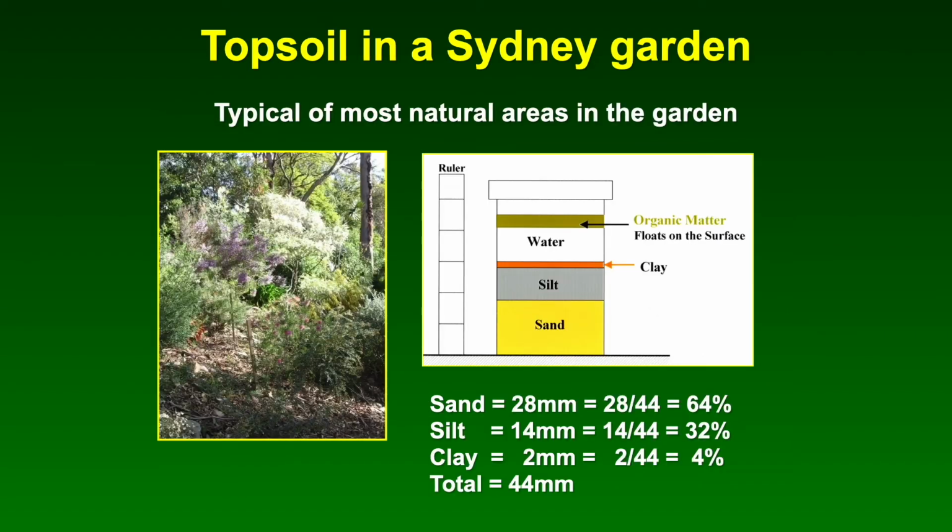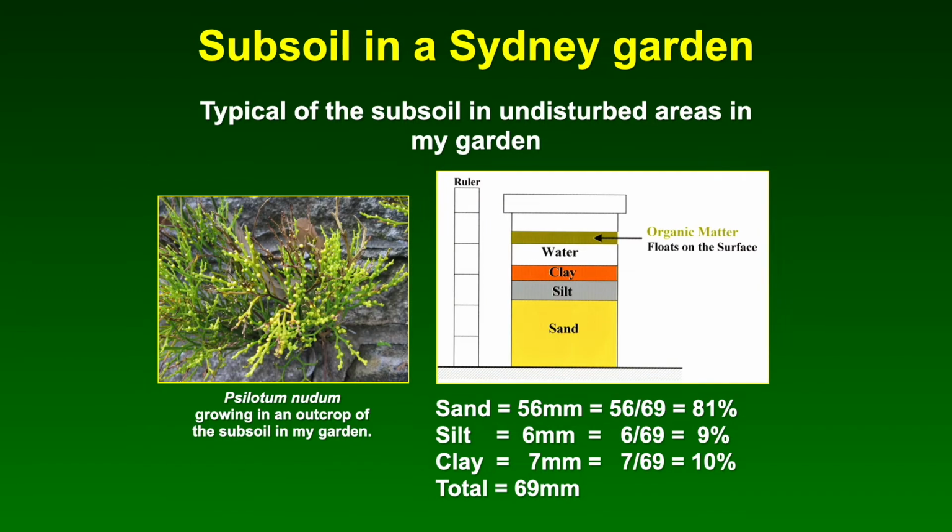This is Doug's old garden in Grays Point, and was a steeply sloping block with shallow, sandy, well-drained soil over sandstone bedrock. This topsoil analysis is fairly typical of the local area. Doug's garden is typical of many in Sydney, with shallow soils and large areas of exposed rock surface.